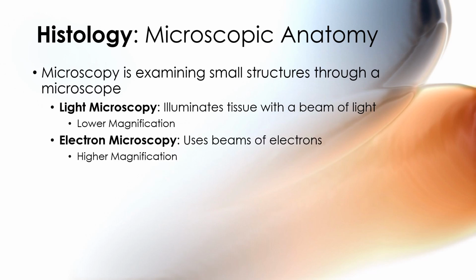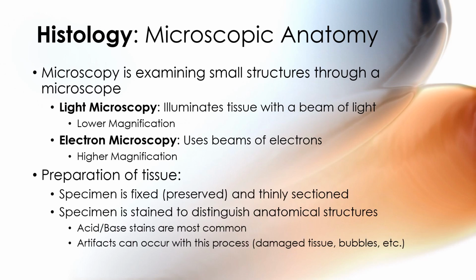You slice the tissue very thin and you shine a light underneath it and look at it through a microscope. Another way is electron microscopy, which is a higher magnification. You actually shoot electrons through the tissue and you get a higher resolution, higher magnification image.